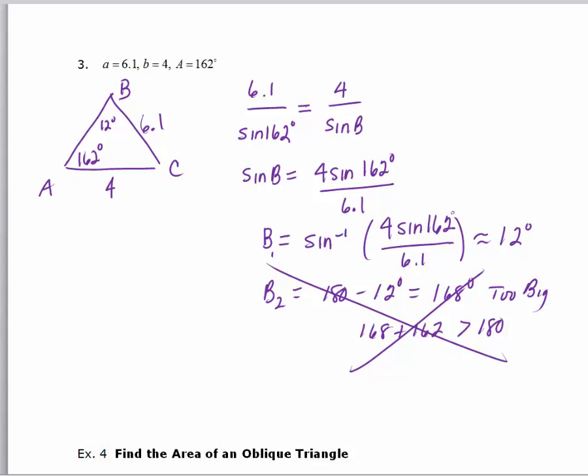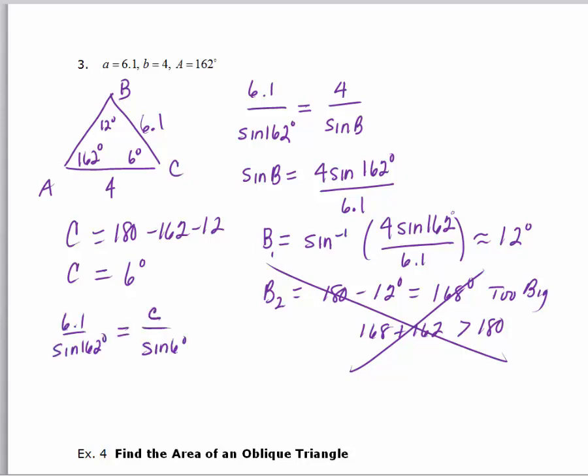So we'll solve for the missing pieces. We'll find C. So C equals 6 degrees. And then the last thing to find is side C using the law of sines. 6.1 over the sine of 162 equals C over the sine of 6.